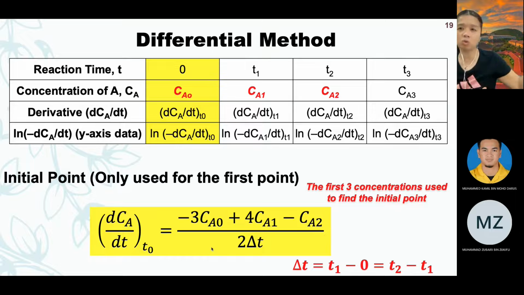But if the reaction is slow, you can take it every 10 minutes, depending. But it must be consistent. If you want to take every 10 minutes, it must be every 10 minutes. You cannot suddenly change it to 5 minutes. So you must be very consistent. If you say every 10 minutes, your delta T will be 10 minutes. Okay, then you get the very first dCA per dt.